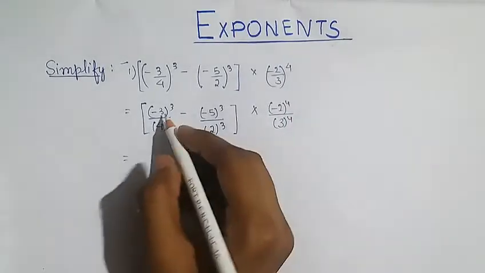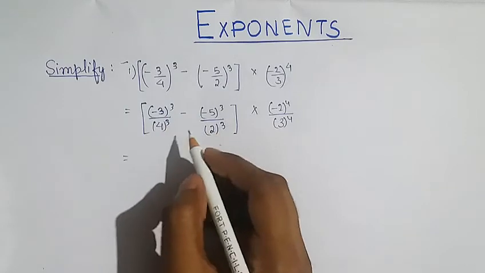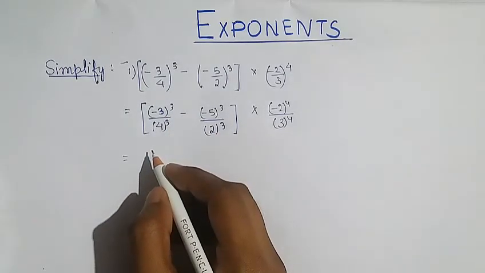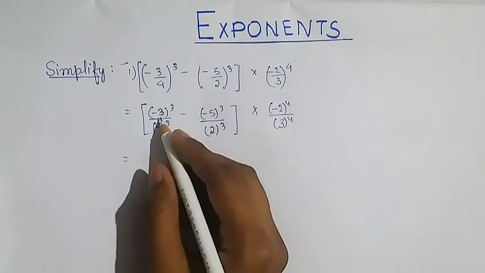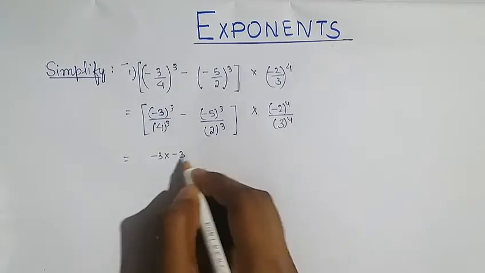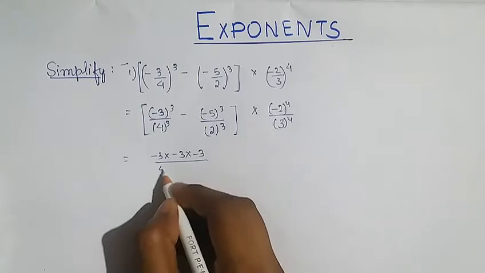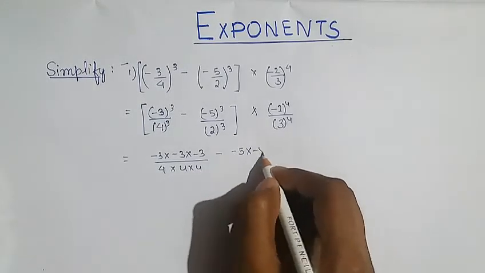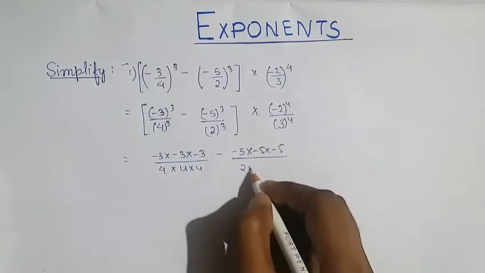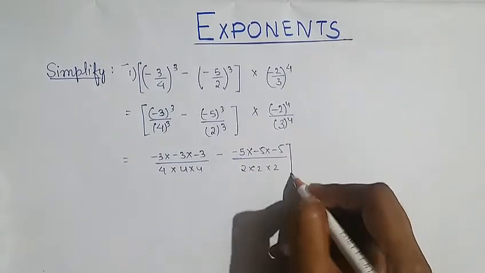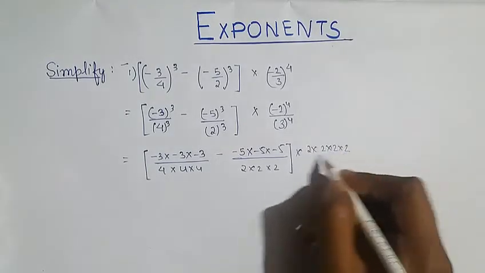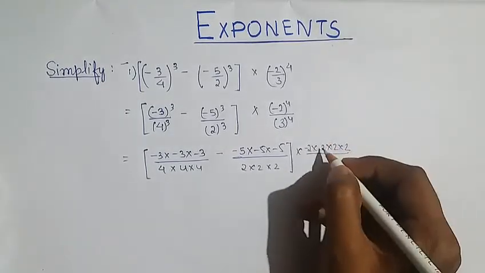Now here we have minus 3, a negative base, but the power is an odd number, so the result after multiplying it by itself will be negative. So minus 3 will be multiplied by itself 3 times, upon 4 multiplied by itself 3 times, minus of minus 5 into minus 5 into minus 5 upon 2 into 2 into 2, under bracket, into 2 into 2 into 2 into 2, since we have minus 2 here.